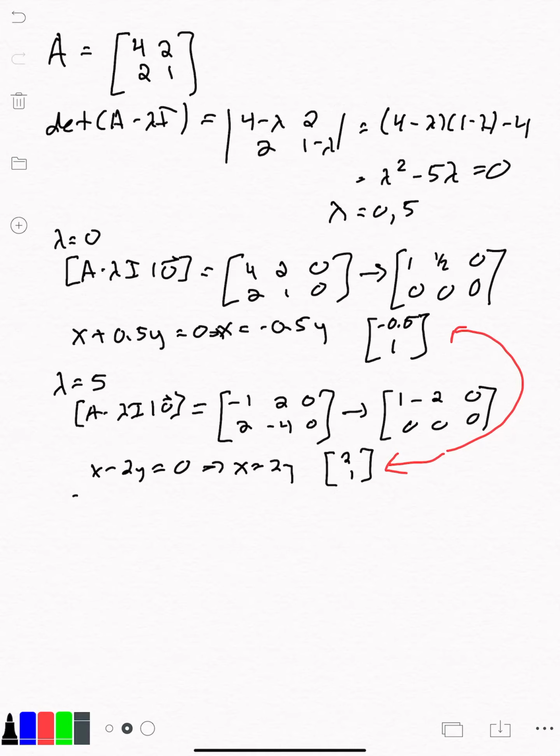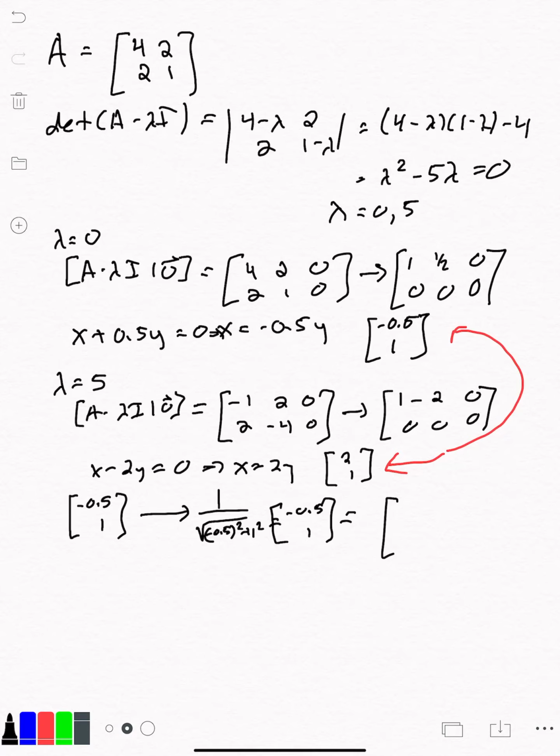So you take your negative 0.5, 1 and divide by the length of it, which is the square root of negative 0.5 squared plus 1 squared. With a little bit of work, you have negative 1 over root 5 and 2 over root 5.